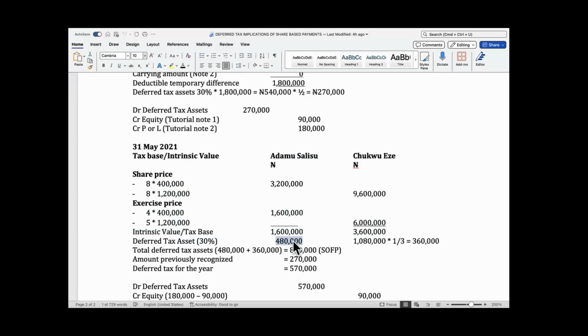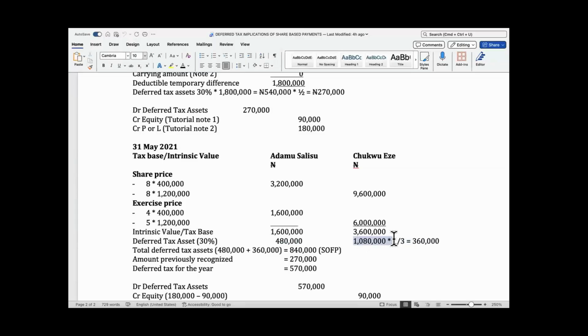Now, this is year 2 for this guy already. So this is where I want to be as far as year 2 is concerned for Adamu. This is year 2. This is the vesting date. But for Shuku, his vesting period is 3 years, and this is just year 1.